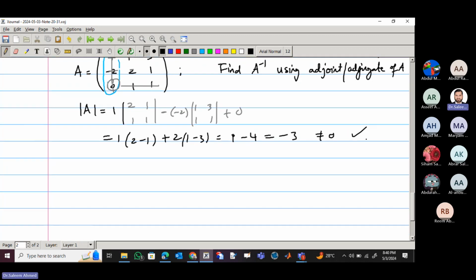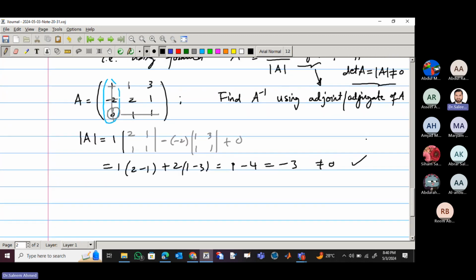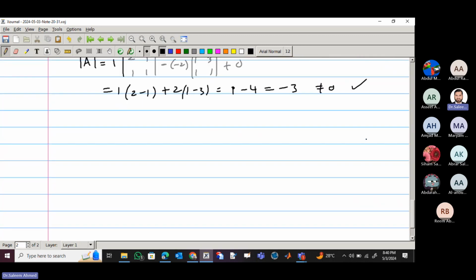So what is adjoint? Adjoint is the cofactor matrix, transpose of the cofactor matrix. For adjoint, we use C11. Cij is called cofactor of Aij. This is equal to minus 1 to the power i plus j, means sign.